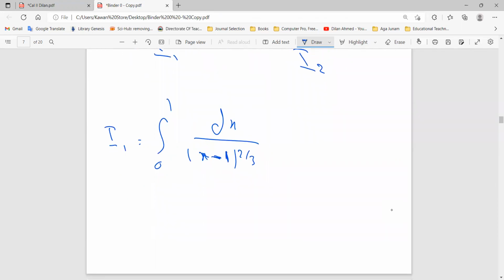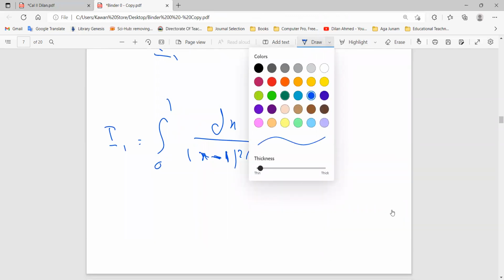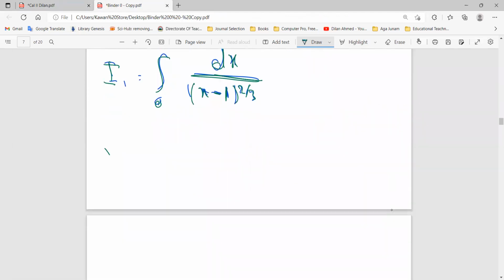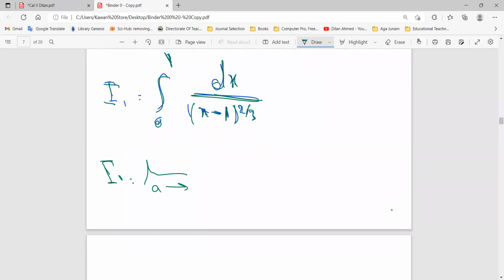I know that one is equal to what? Let me change to another color. So the exponent is what? 2/3 or 3/2? 2/3, good. So I1 is equal to the limit of a approaching where? 1 from the left side, because I'm going from 0 to 1.